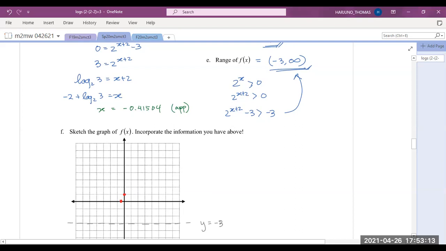Now, what happened to those important coordinates? Base 2. So it's (0, 1), (1, 2), and (-1, 1/2). I need to move 2 to the left, and then 3 down, becomes here. 2 to the left, and then 3 down.